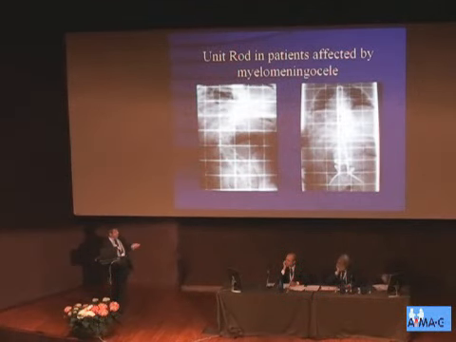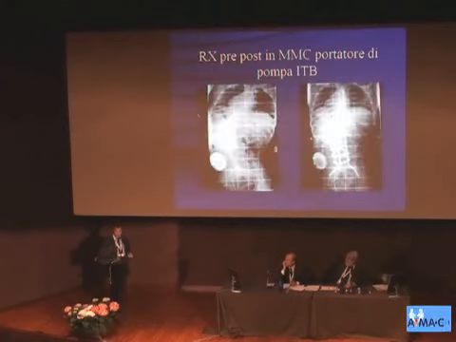These are the unit rods that we use. We use it in neuromuscular scoliosis. This is a person with myelomeningocele. We use pedicular elements. They are fixed to the iliac wings, and we go right up to the second thoracic vertebra, and they stabilize from the hips right up to the shoulders, also because these people are in a wheelchair, so it gives them stability, and also they have an ITP pump, these people.